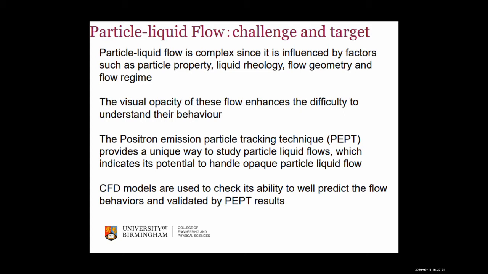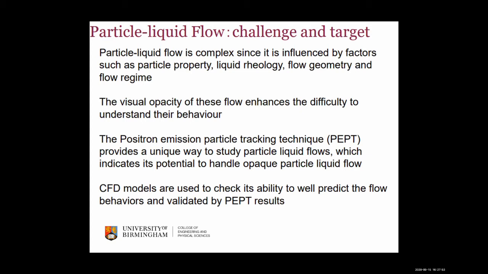I can explain this part to you guys later. But anyway, PEPT can deal with opaque fluid, which is its advantage.